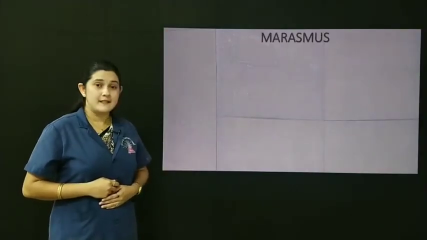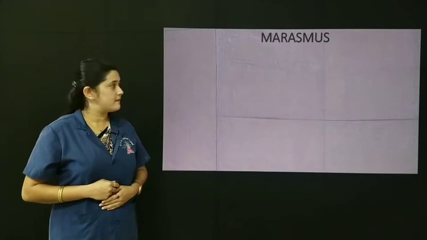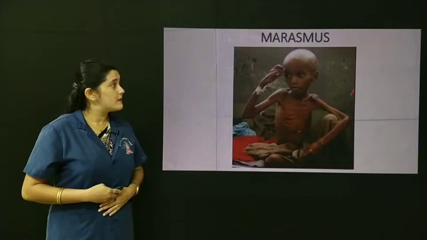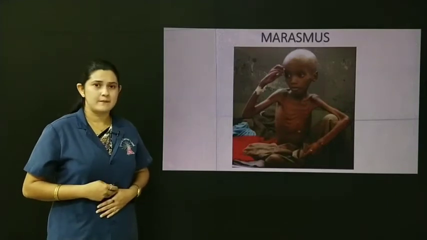So the person suffering from kwashiorkor has to take protein rich food. The next deficiency disease is marasmus. Here you can see a boy who is suffering from marasmus. What are the symptoms of marasmus?